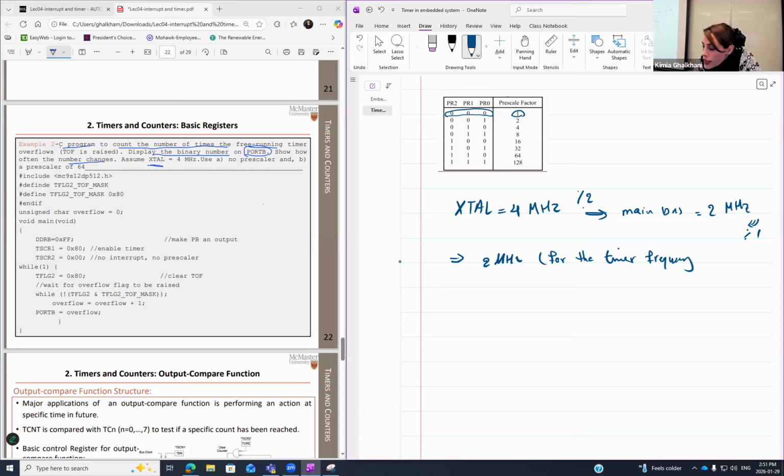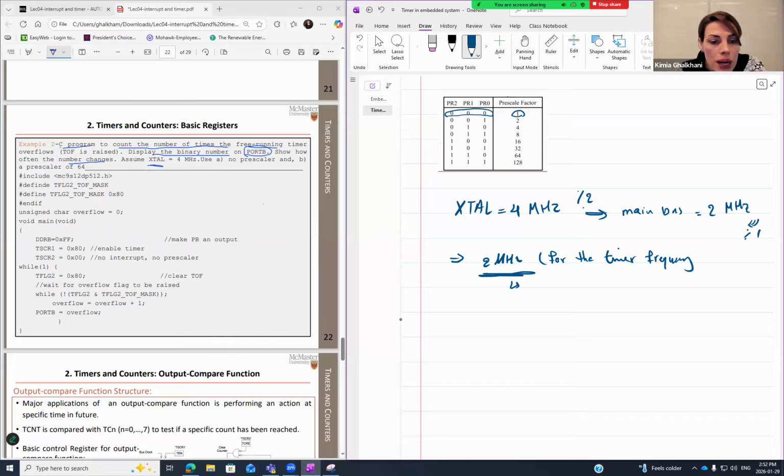It means the timer counter will be updated at the frequency of 2 megahertz. This is the frequency for each update.